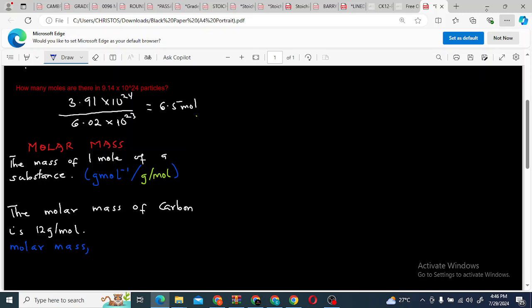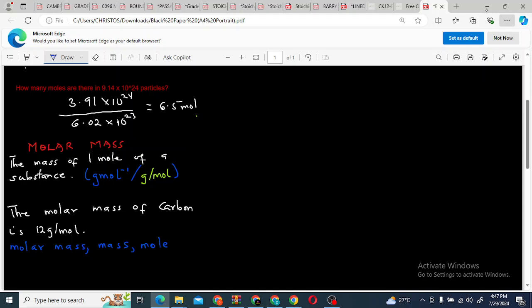We can also talk about the mass, because the molar mass will be the mass of 1 mole. So I'm talking about mass, and I'm also talking about mole. So 3 friends have been discovered here: molar mass, mass, and then mole.